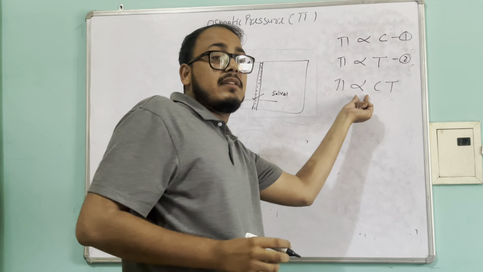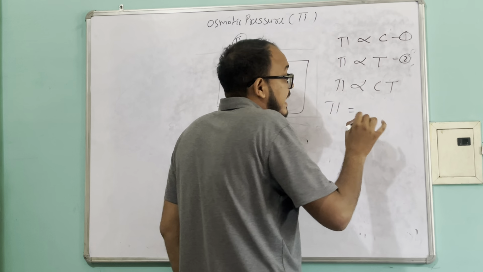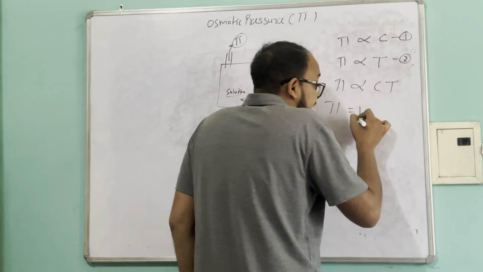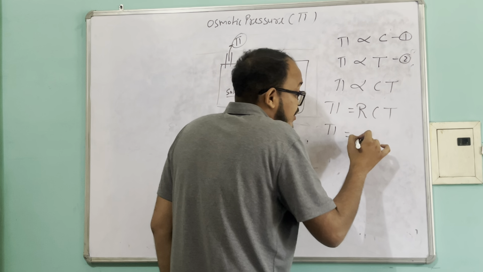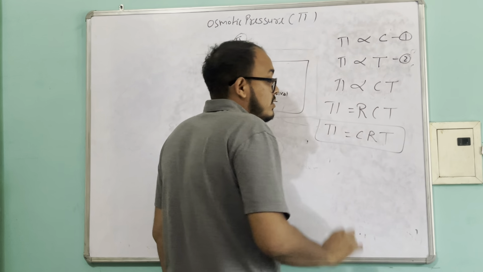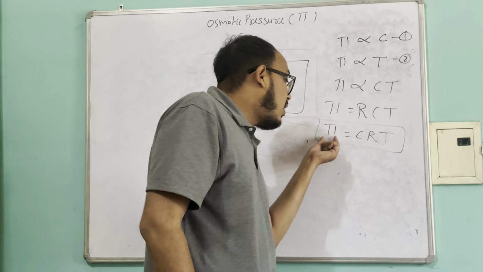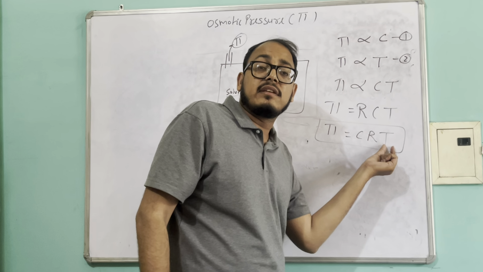To eliminate the proportionality sign, we introduce another constant called the gas constant R. So pi equals CRT, where pi is the osmotic pressure, C is the concentration, R is the gas constant, and T is the temperature.